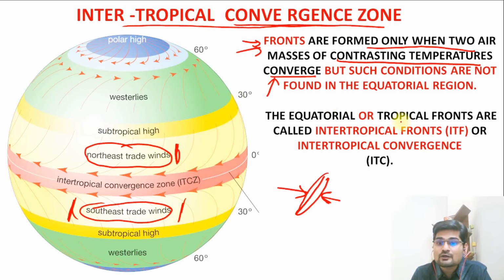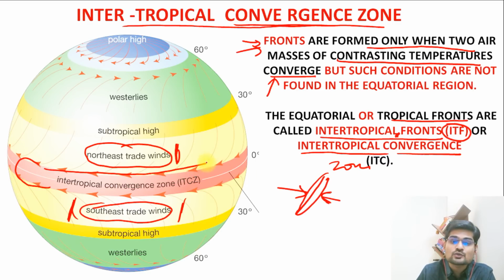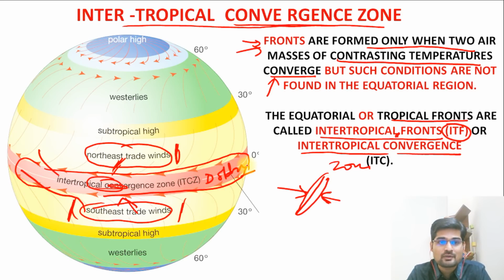So the equatorial or tropical fronts are called intertropical fronts, the short form being ITF, or intertropical convergence zone, which we say ITCZ. This is a unique zone because the nature of the converging winds is the same, and they meet and rise up, and they do not travel on the surface. So this particular zone is called the doldrum, as we remember, right? This is important to remember here.